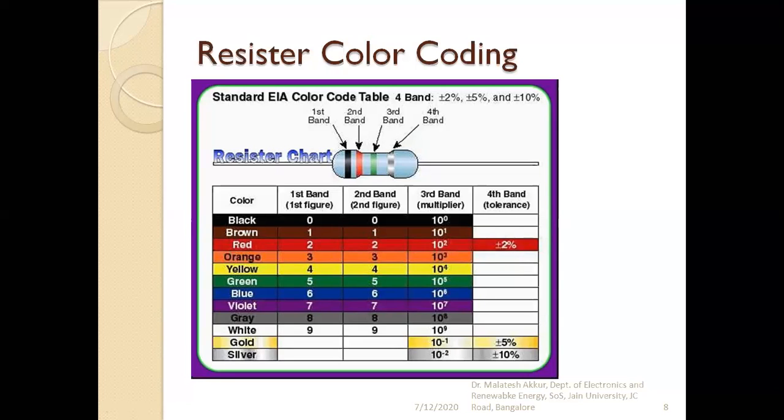If the resistance is more than 1000, we try to express the value in kilo ohms, mega ohms, and so on. Kilo means 10 to the power 3, mega is 10 to the power 6. Here 1, 2 into 10 to the power 5 is there, so we can make it 10 to the power 6 by adjusting the decimal point. So I can write it as 1.2 into 10 to the power 6.